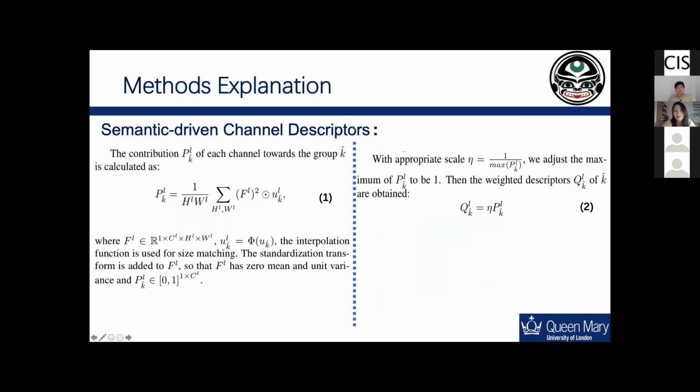The channels in one feature encode different information. In convolutional networks, different kernels react differently to the objects in the image. So we can have these weighted descriptors for each channel of the k-th group.